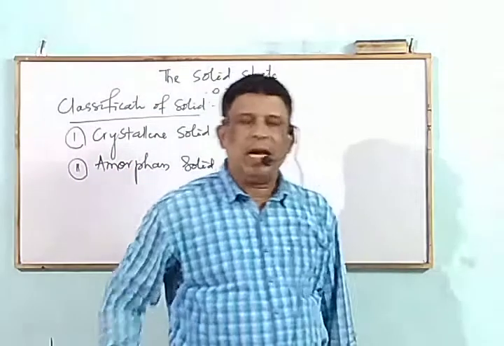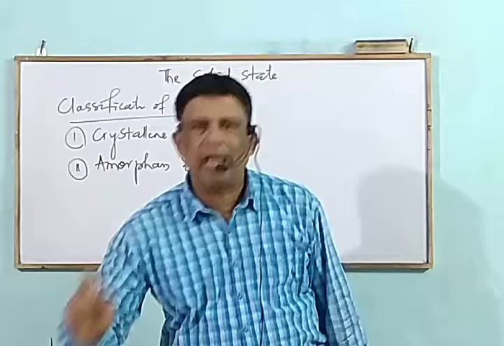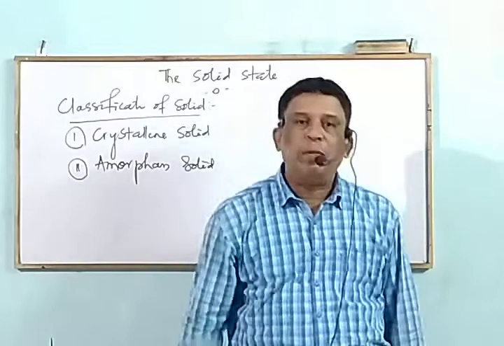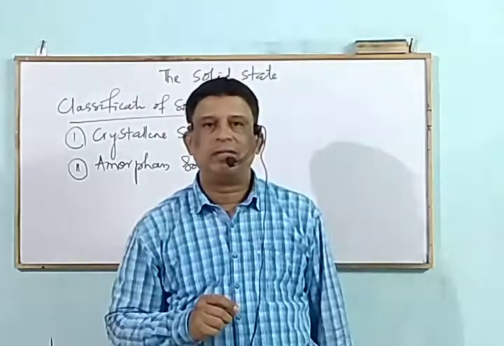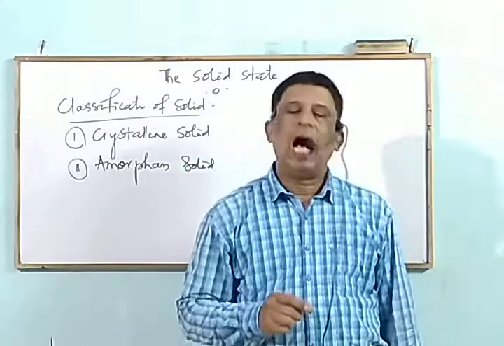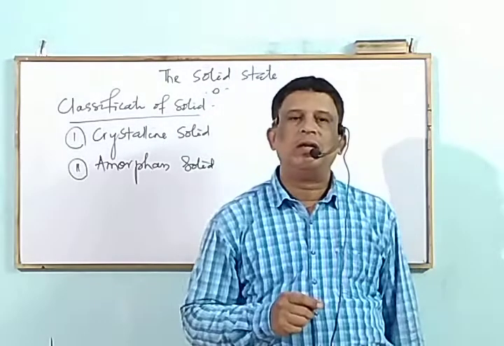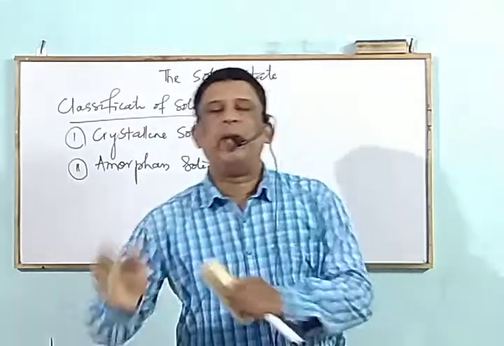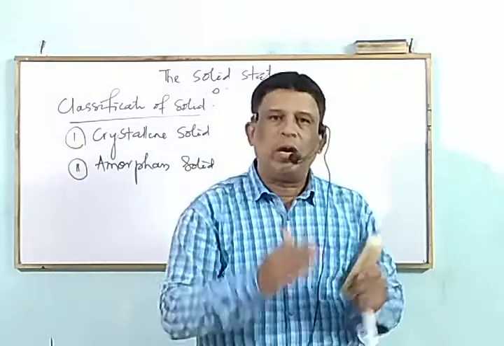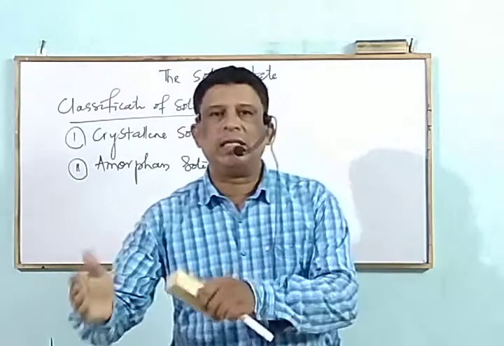What do you mean by crystalline solid? A solid is said to be crystalline if the constituent particles, that is atoms, ions or molecules, are arranged in a regular orderly manner in three dimensions for a long range in comparison to the internuclear distance.